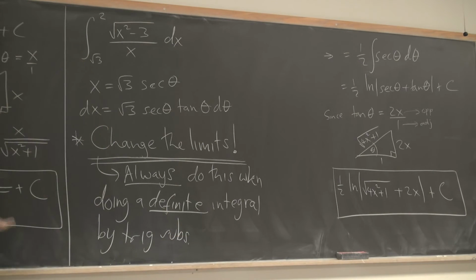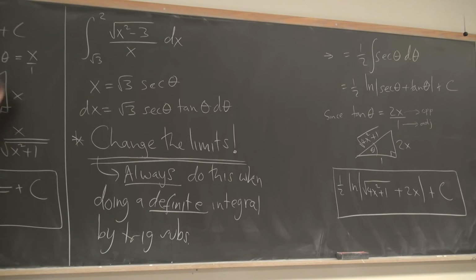Why? It's going to save us from doing all of this. We don't need to figure out what the trig functions are doing at back substitute, because the back substitution process in a trig substitution can be really tedious. So we don't want to have to go back and do all this.